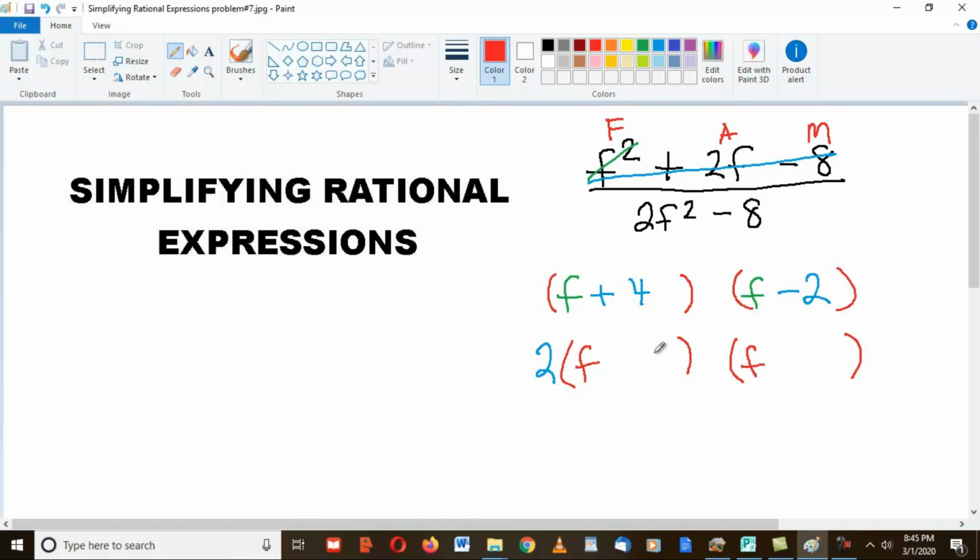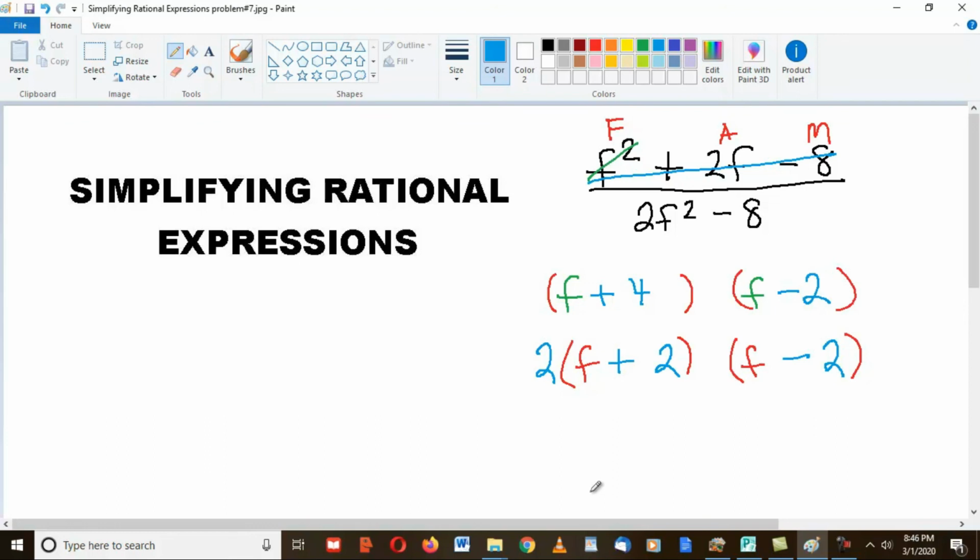Yes, it would be 2, so this is a 2 and this is a 2. Now the next thing you have to ask yourself is, are these two negatives or two positives? Since it's negative 8, one must be negative and the other must be positive. So we make this a positive 2 and that a negative 2.